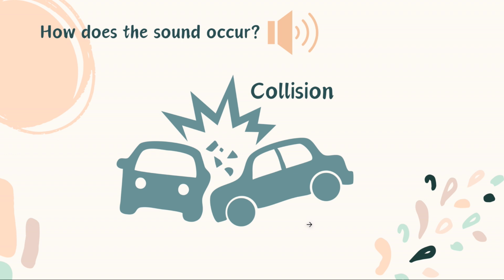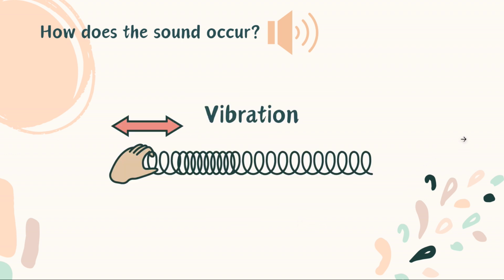This is the sound of collision. Accidents happen, causing a very high sound, and this caused the vibration of the air layers, so to the extent that we can hear the sound. What about the vibration? Yes.